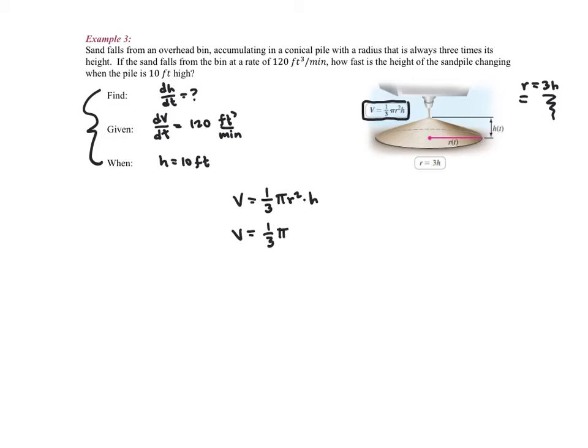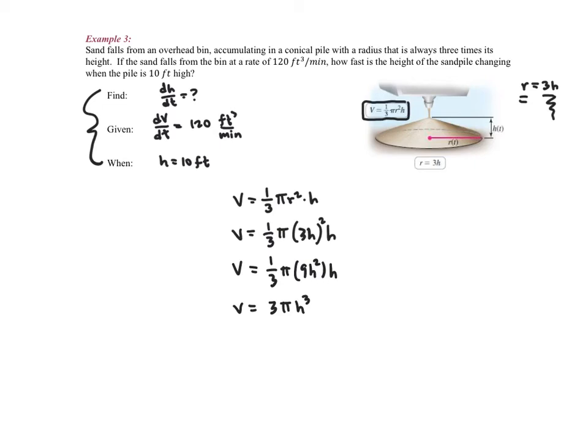So that'd be 1/3 pi, r is now going to be 3h, and that'll be squared. So volume with respect to h only will be 1/3 of pi times 9h squared times h. We can simplify yet again. The 9 and the 1/3 will reduce to 3. This will be pi h cubed. Okay, so that's volume with respect to height.